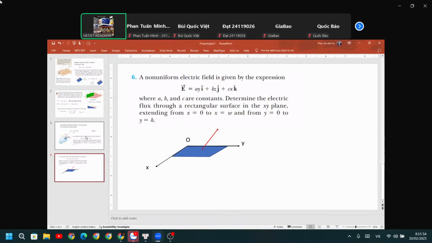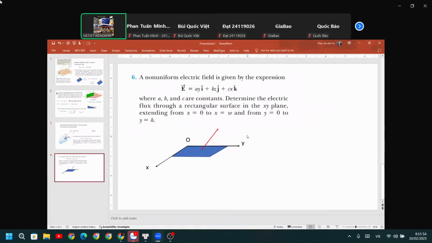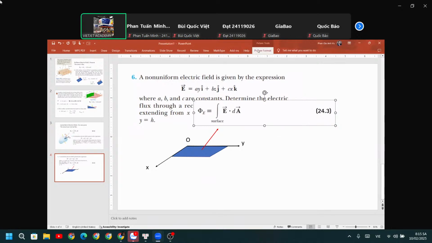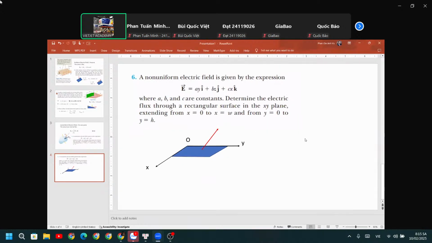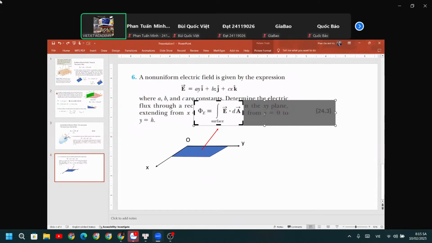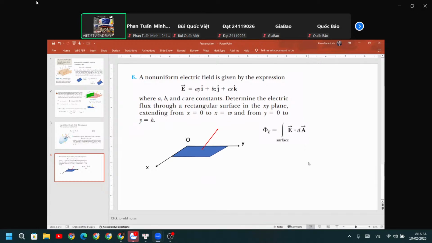Now we apply the definition here. Right, we take the E vector and dA. Now the problem is dA.